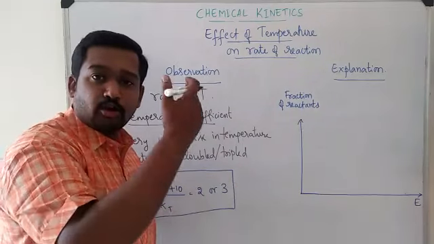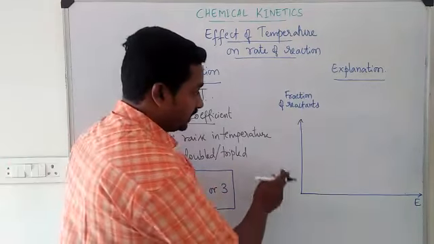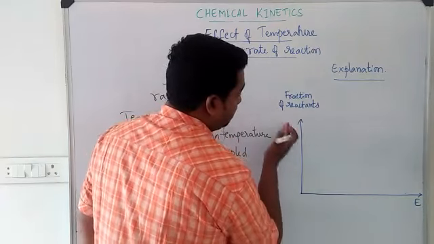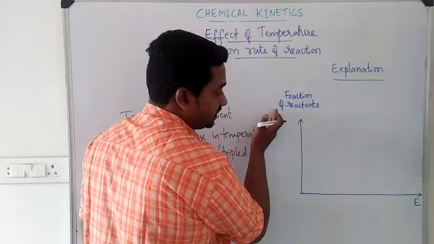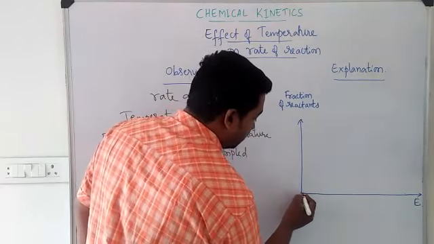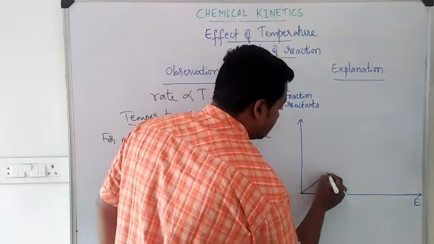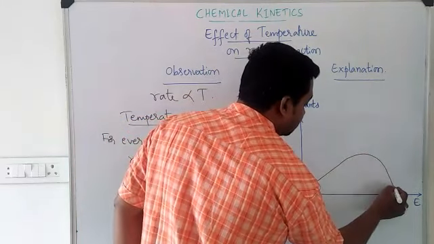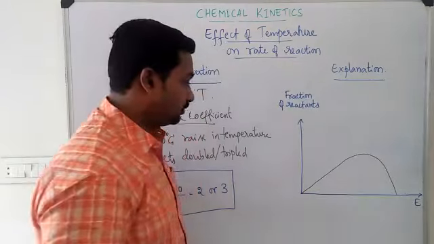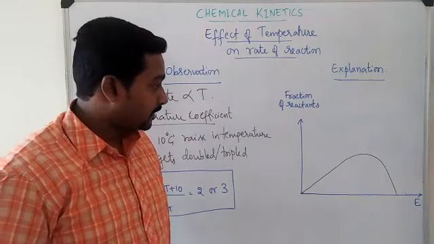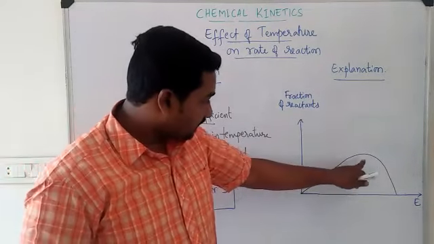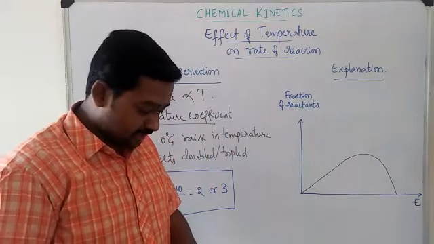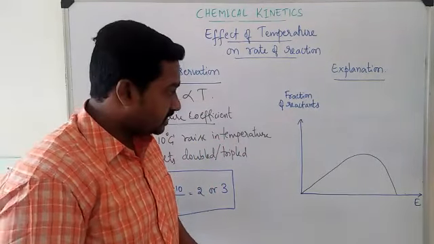Earlier we had energy along the y-axis actually. Okay, there is a change. Energy is here this time and fraction of reactants on the x-axis. Now what happens? There are molecules with different energies during the reaction and they show a property like this. Here there is a maximum, the mean or average energy.